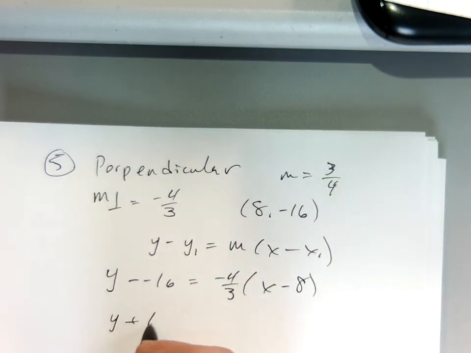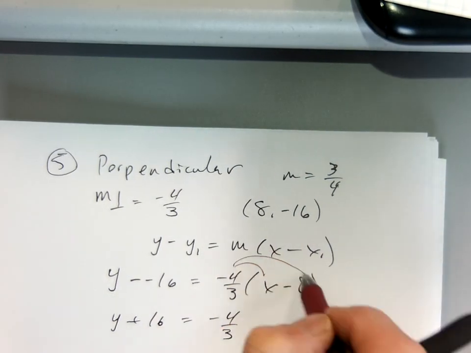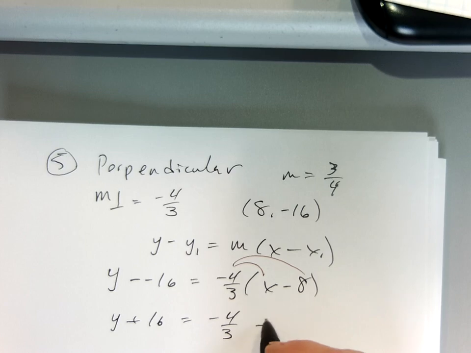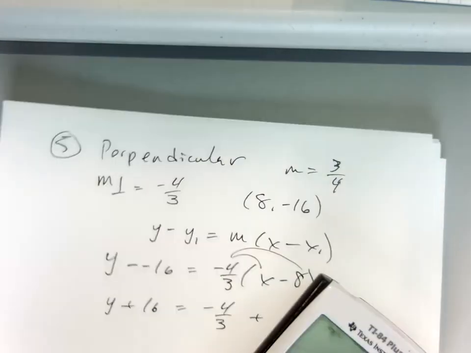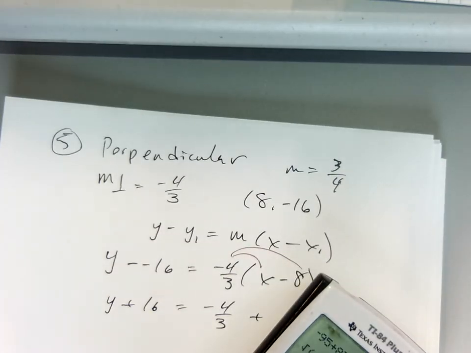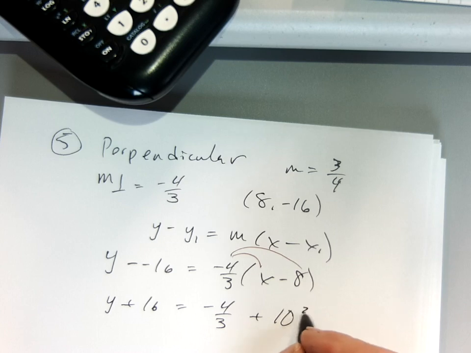Y plus 16 equals a negative 4/3. I'm just distributing. Not such a nice number. Plus, let's see, what's that? 4 times 8 divided by 3. I'll just do a calculator. 4/3 times 8, we'll get 10 and 2/3, plus 10 and 2/3.